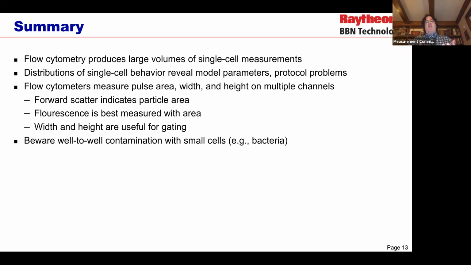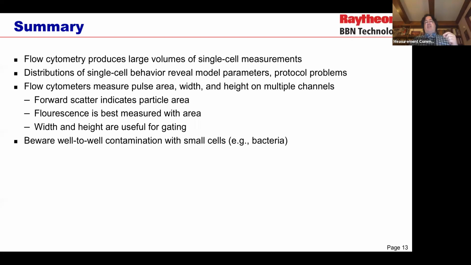Most flow cytometers measure multiple fluorescence channels, as well as the forward and side scatter channels on 3 properties: area, width, and height. Forward scatter tells us something about how big the particle is that we're looking at, which is useful for understanding if we're looking at a cell or not.